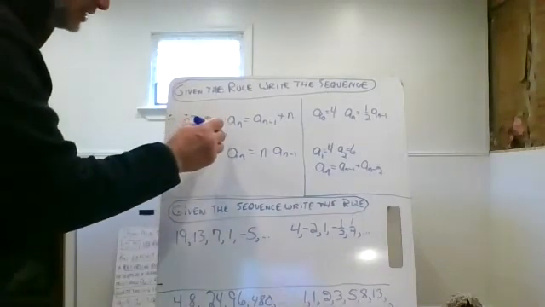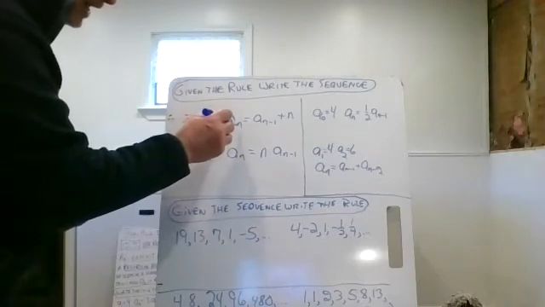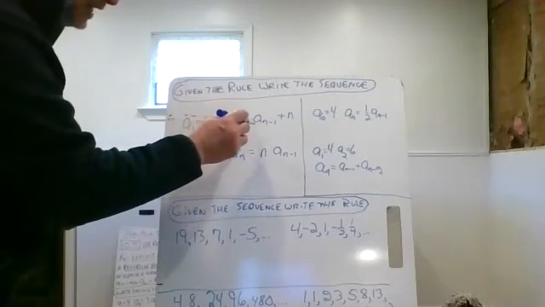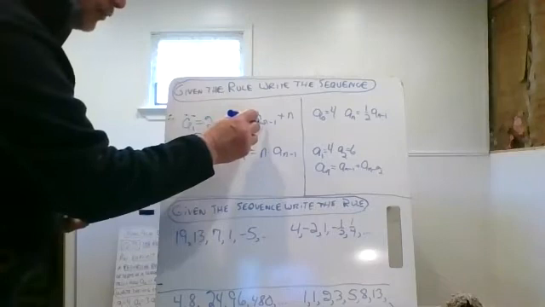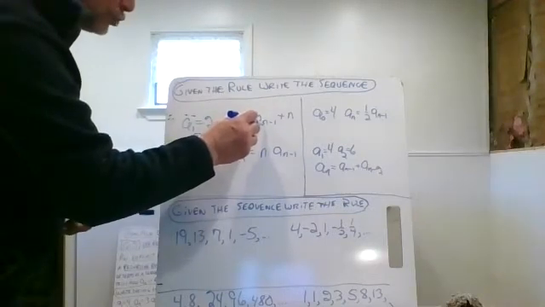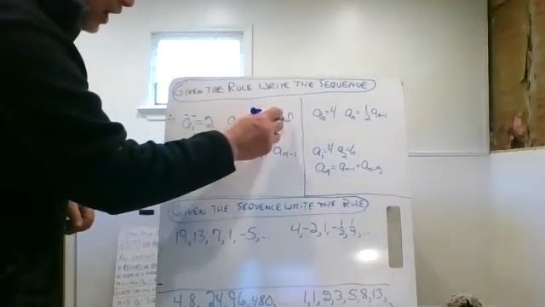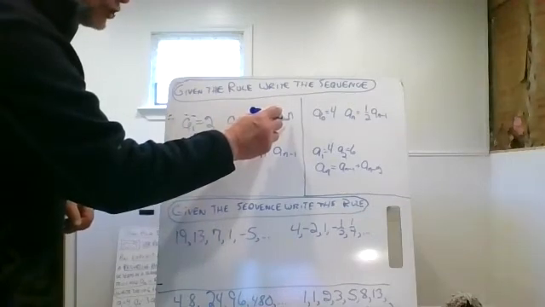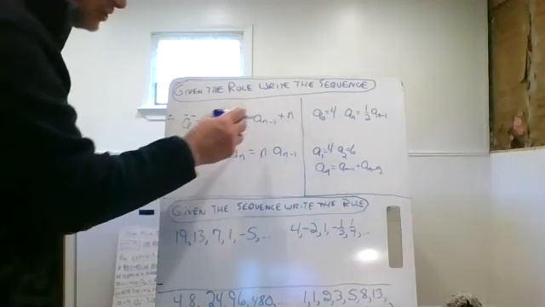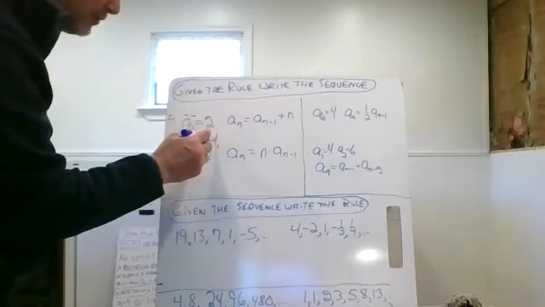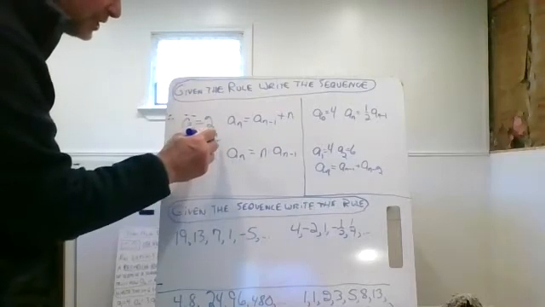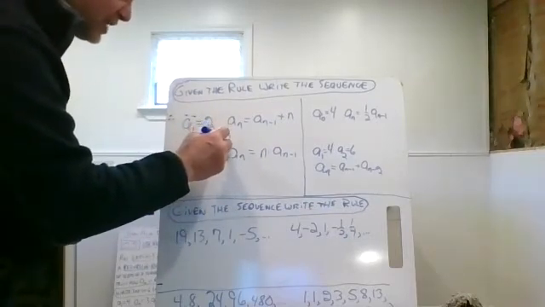Now let's look at a sub 3. It's going to be a sub 3 minus 1, a sub 2, plus what? Plus 3. So the next term's the previous term plus 3. So you get 7.